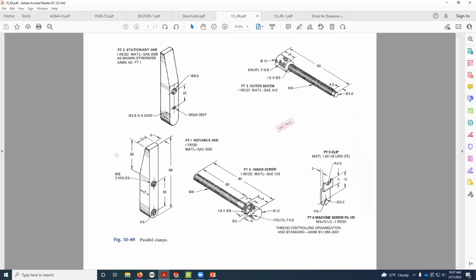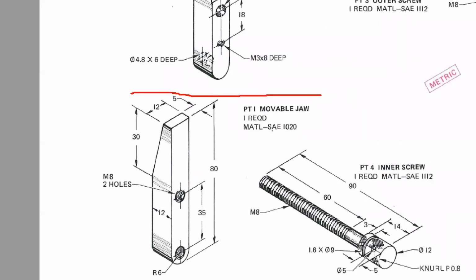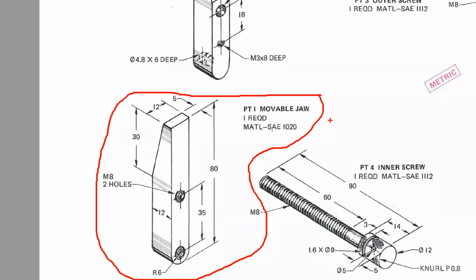If we look at part one, this movable jaw right here, we've got M8, 2 holes. What does that mean? That's a threaded hole, right? Everybody understand there are 2 threaded holes in that part? The nominal diameter is 8.